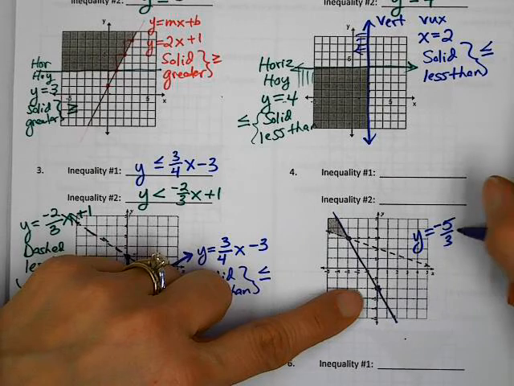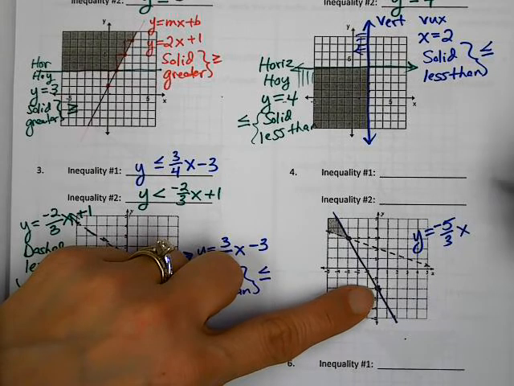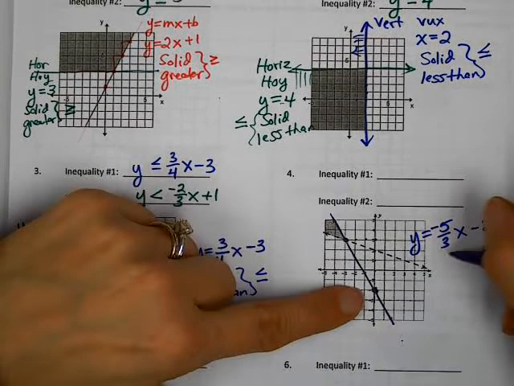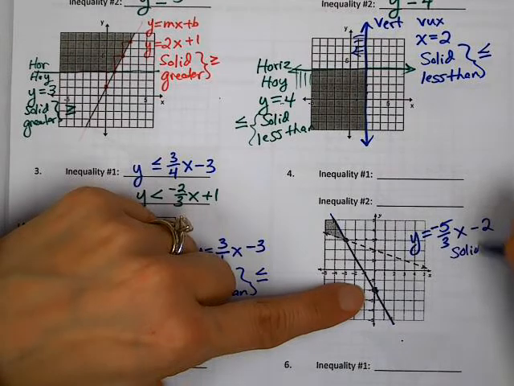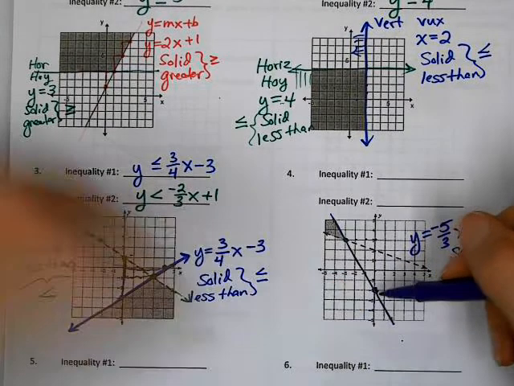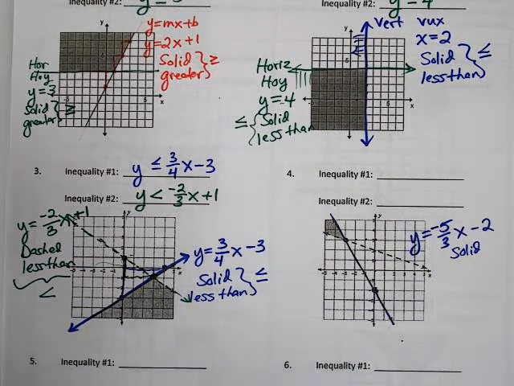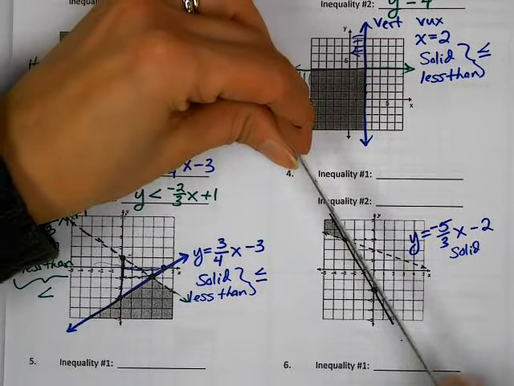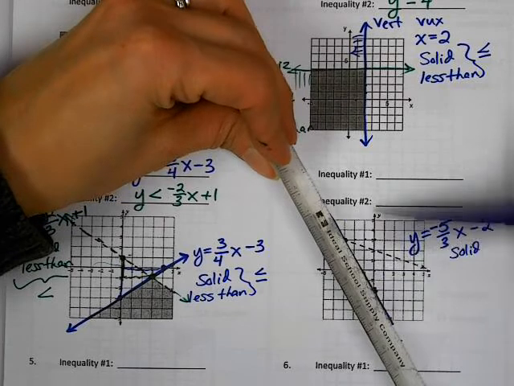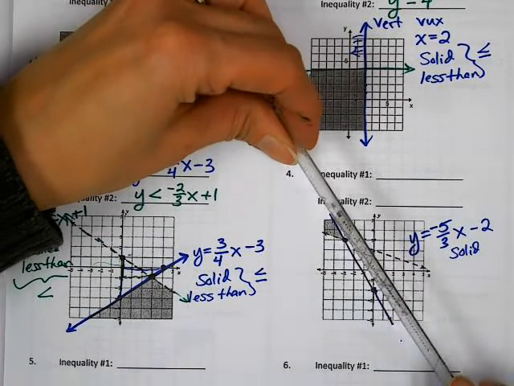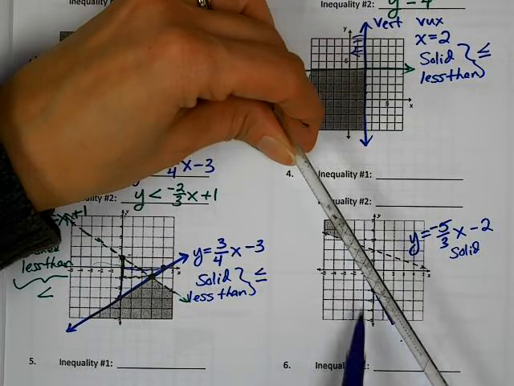Okay. How about the y-intercept? Negative 2. Okay. This is a solid line. And which way did they shade? Okay, sometimes it helps if I really separate the graph, maybe like with a ruler. Did they shade above the line, going up the y-axis, or is the shaded region below the line?